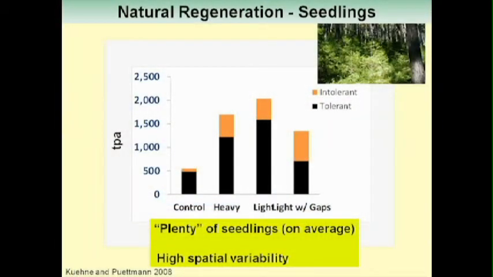So looking at tree regeneration, I figured Mike would talk a lot about planted trees, so I'm going to focus on the natural regeneration. One thing you'll see here, if you look at the control and the various thinnings, is that if you follow our average standard of 400 trees per acre, all of them have sufficient regeneration on average to consider the understory fully stocked.